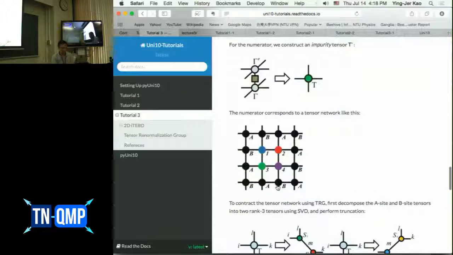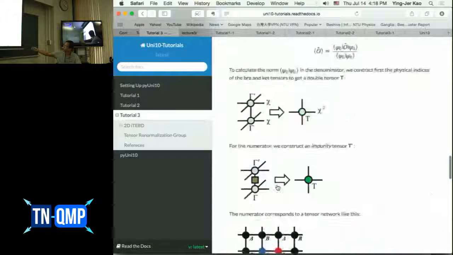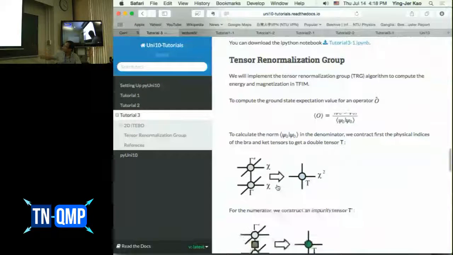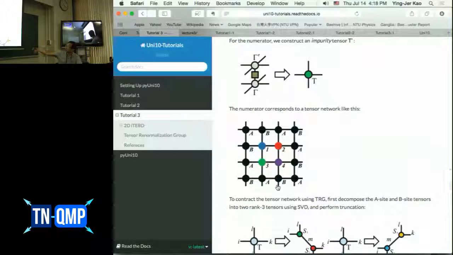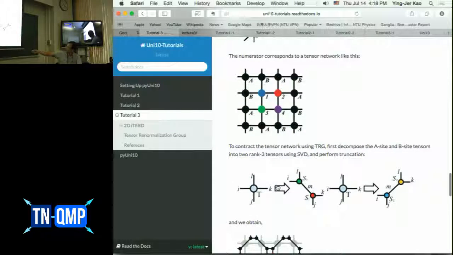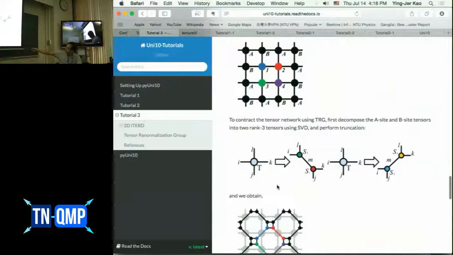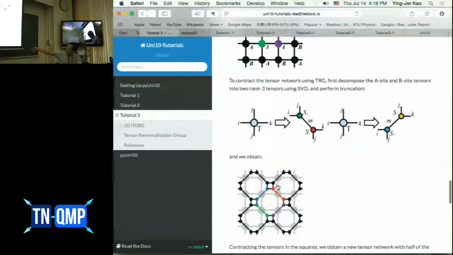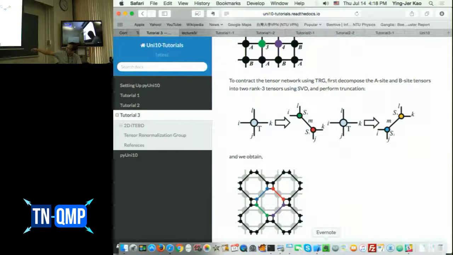So the goal now, to calculate the numerator of this, is just to contract this tensor network. And the TRG way of doing this is: you have the A and B sublattices, and you SVD them in different ways, make them rank 3 tensors and truncate, and then you get something like this.